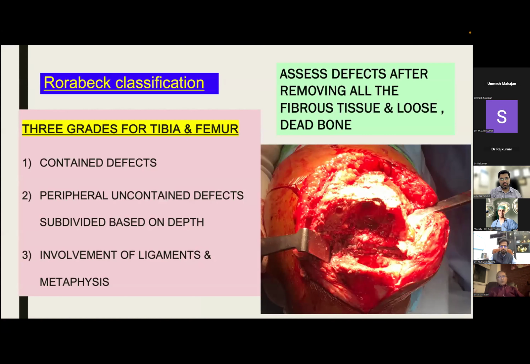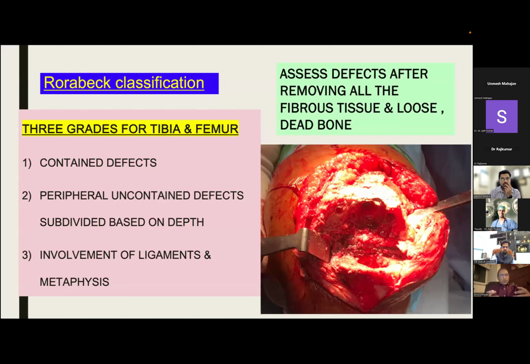Now we are coming to how to handle the defects. The defects are only assessed after we have removed all the fibrous tissue which is over the surface of the bone. We curette it out, remove it with the electrocautery, and once we have got all the bones exposed, then we assess what are the defects.